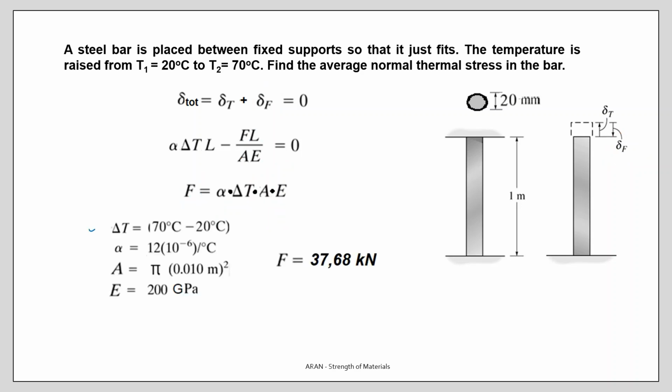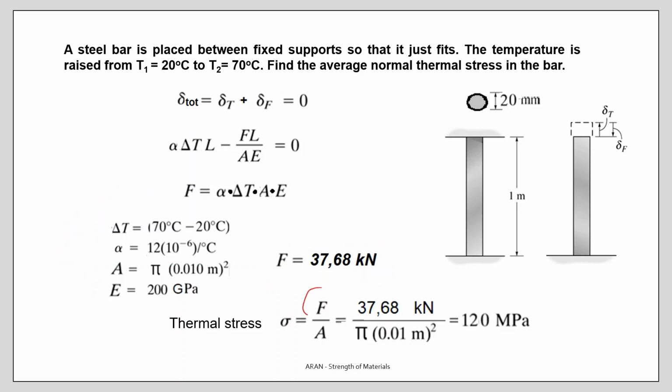Take the numerical values, put them in there, and the result is 37.68. Now we know the force divided by the area, pi r squared, and the result is 120 megapascals. This is what we call a thermal stress, only due to the change of temperature.